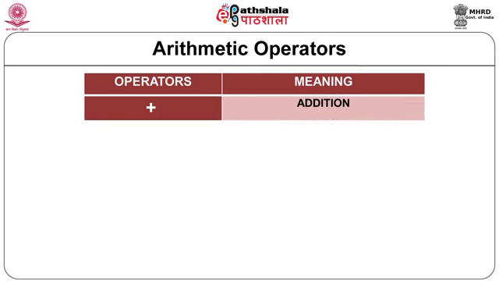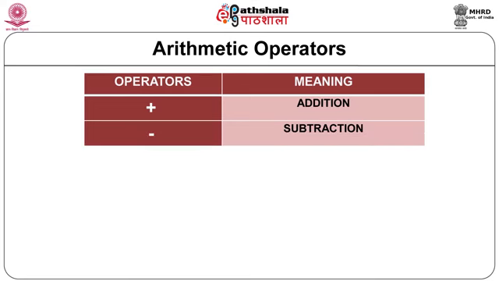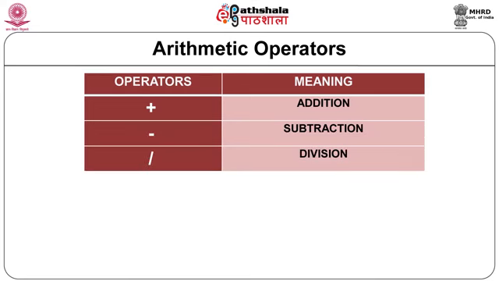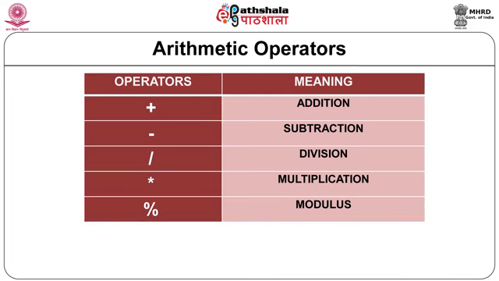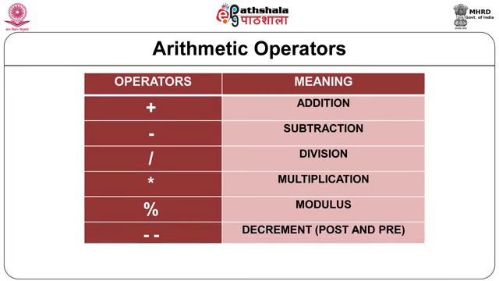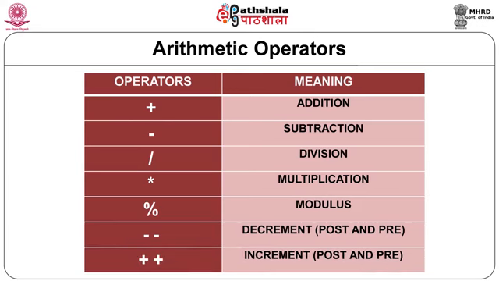For addition you can use the plus symbol, for subtraction the minus symbol, for division the slash, for multiplication you can use the star, or asterisk. For modulus you can use the percent symbol. For decrementing you can use the minus symbol. For incrementing you can use the plus symbol. In decrementing and incrementing you have post and prefix notations.